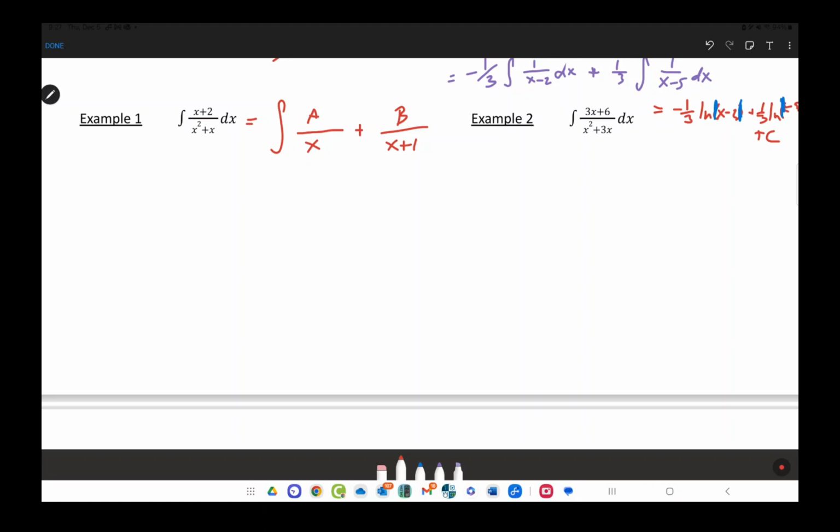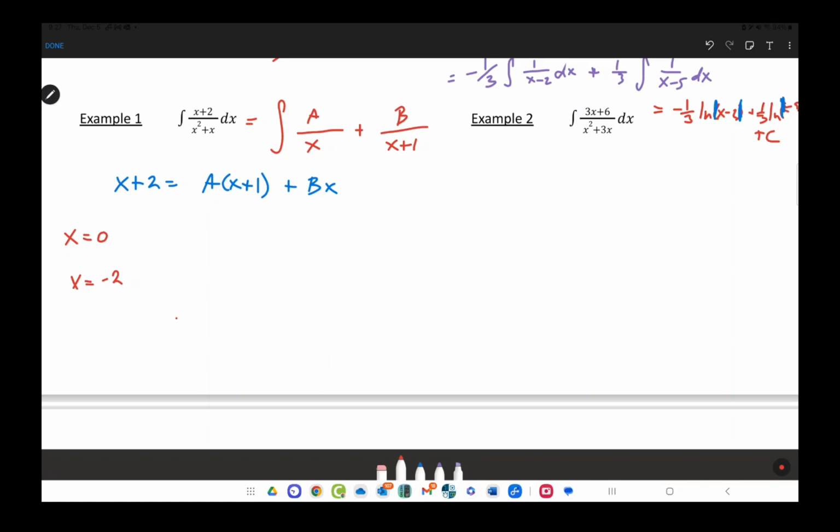Okay, anyways, if you multiply both sides by the common denominator, which is x and x plus 1, we would end up with x plus 2 is equal to a times x plus 1 plus b times x. Now, my zeros are x equals 0 and x equals -1.